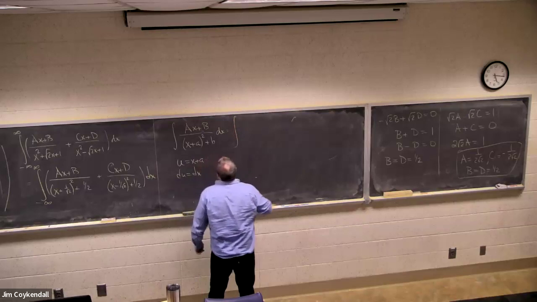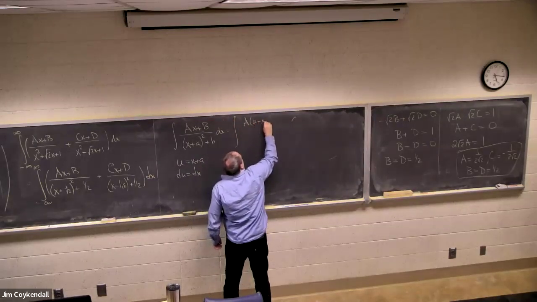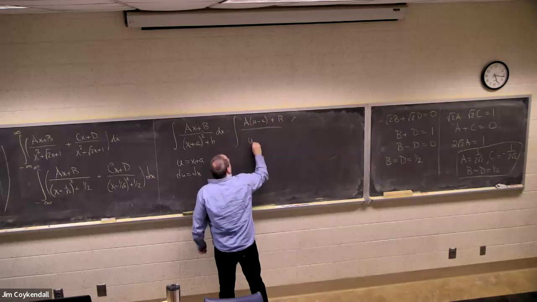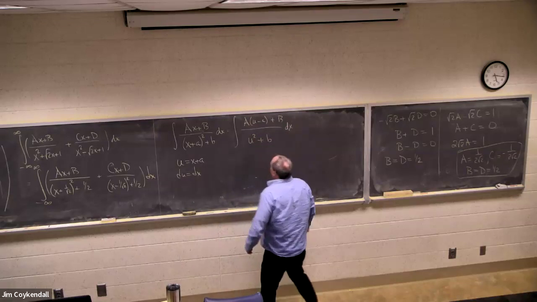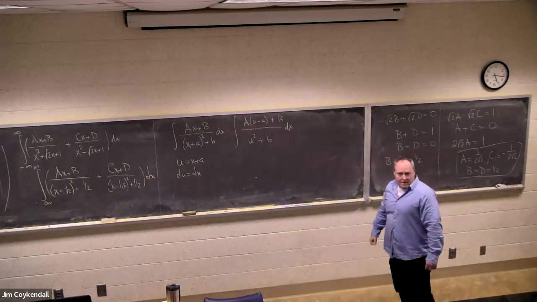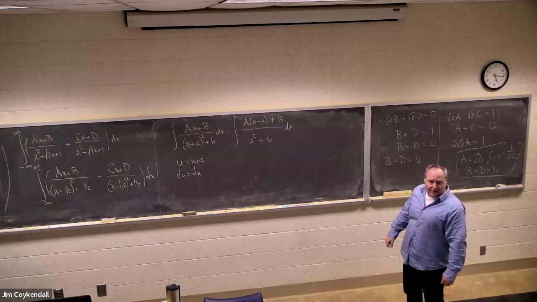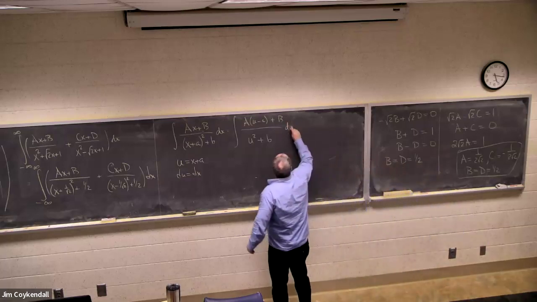This is A times u minus a, plus B, over u squared plus little b, dx. du, oh, du, yeah, thank you.